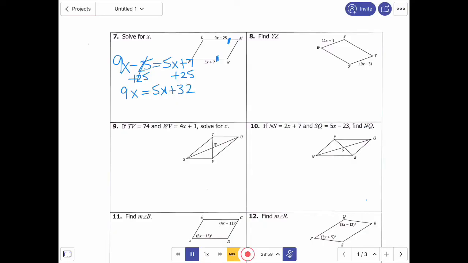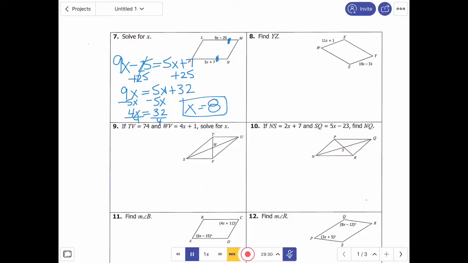Then I'm going to move my x's, so I'm going to subtract 5x. And I get 4x equals 32. Then divide by 4, and x equals 8. Okay, pretty straightforward. If you know two things are equal to each other, set them equal to each other.